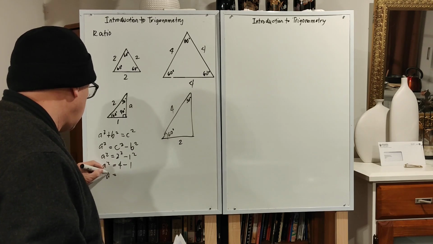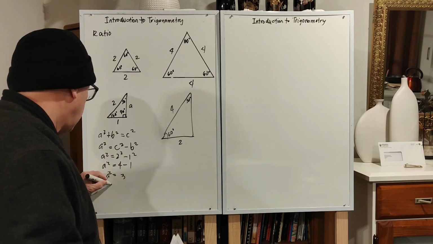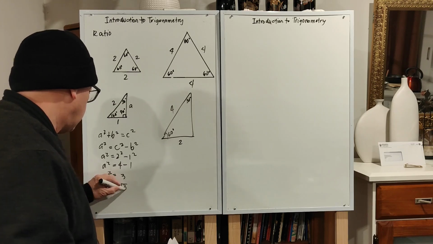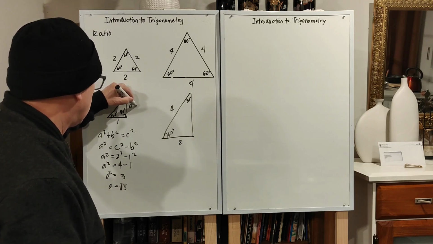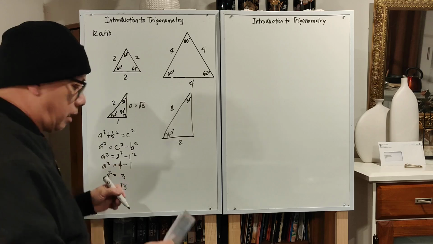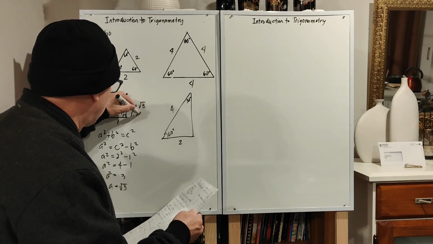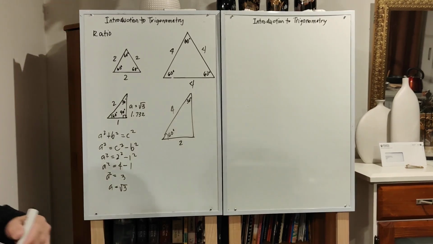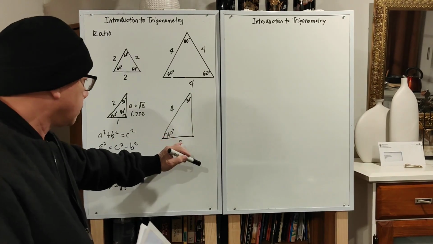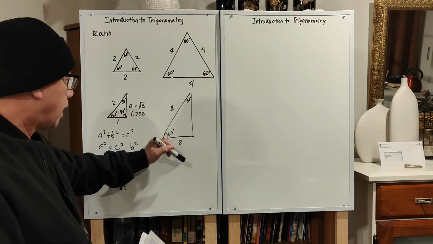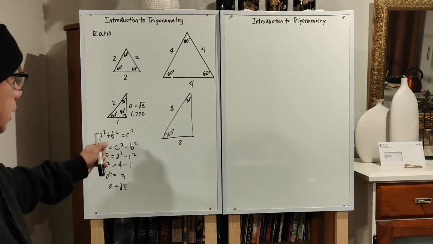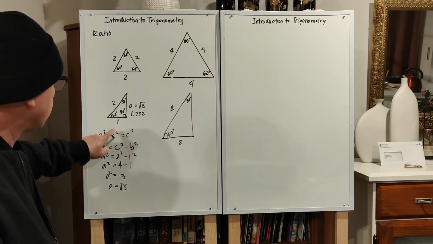So your a squared is equal to 3. Your a is equal to the square root of 3. So this is your square root of 3, or in decimal, around 1.732. Now, for a bigger triangle with the same angles, the ratio will still be the same.